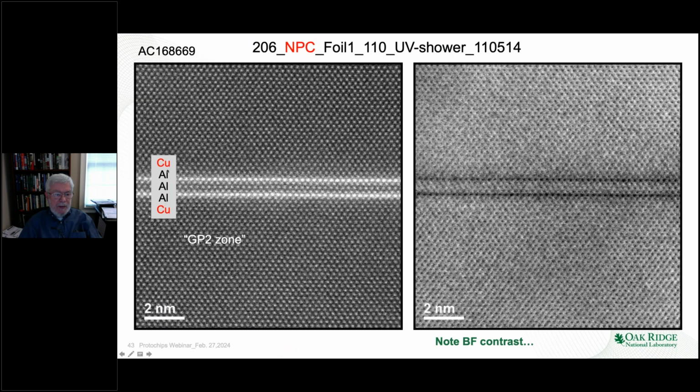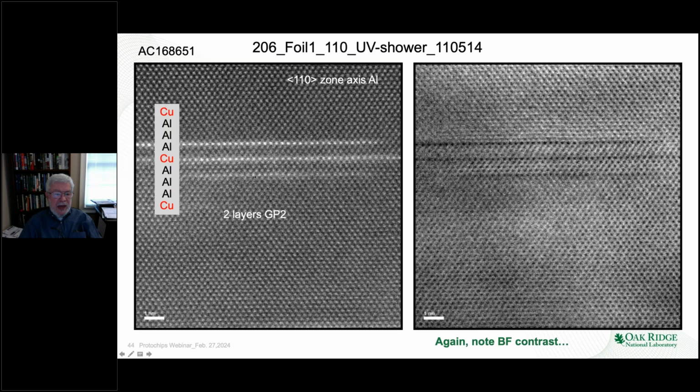So I indicate it like this: copper, aluminum, aluminum, copper. This is a GP2 zone. You can have 2 of them stacked together, so it looks like a structure like this with three rows of aluminums. So this is all just standard imaging on a bulk alloy.